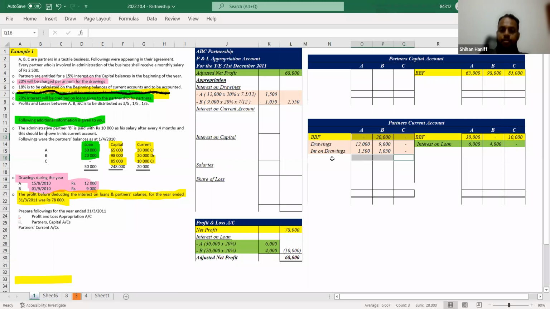Okay, so from B, we will charge interest. Interest on current account. And for A and C, the partnership will pay interest.